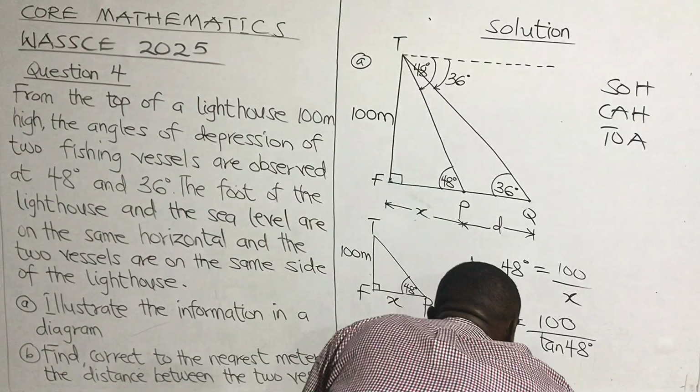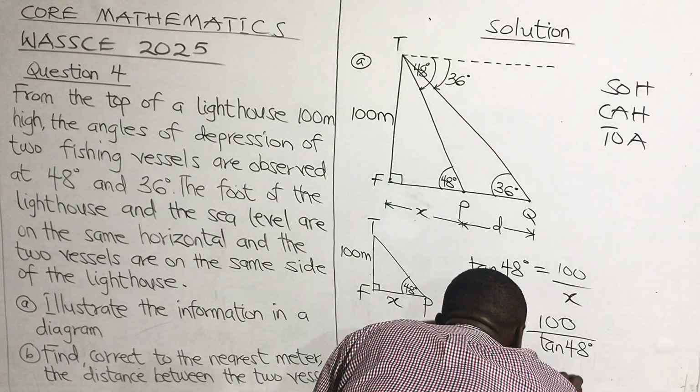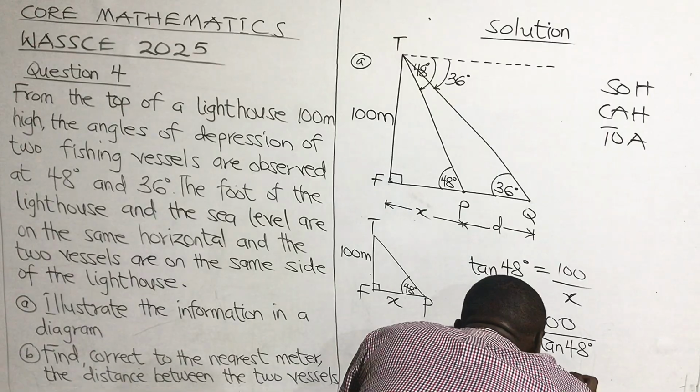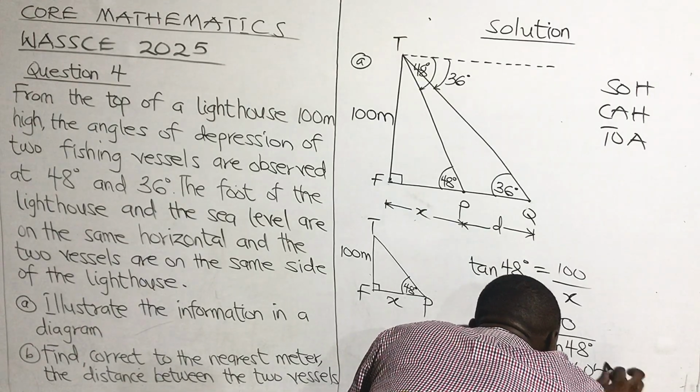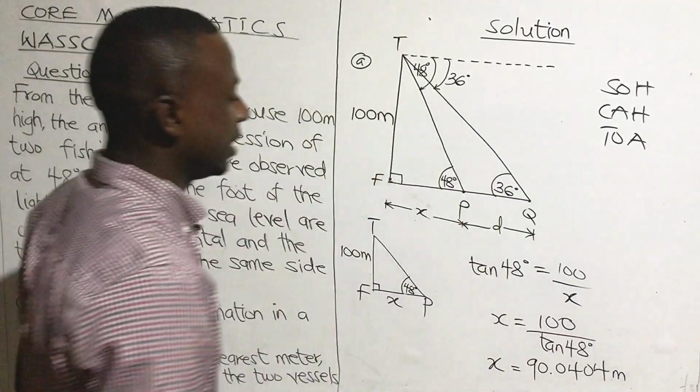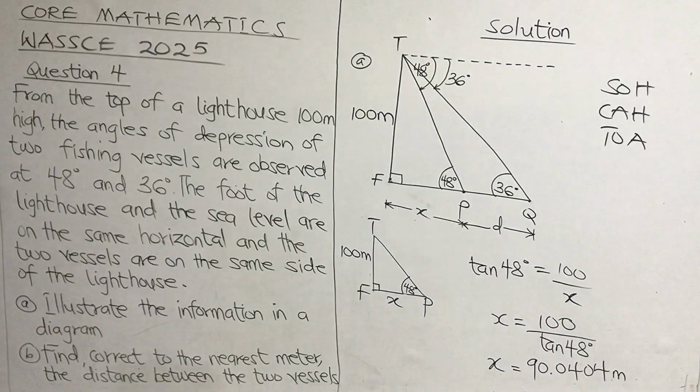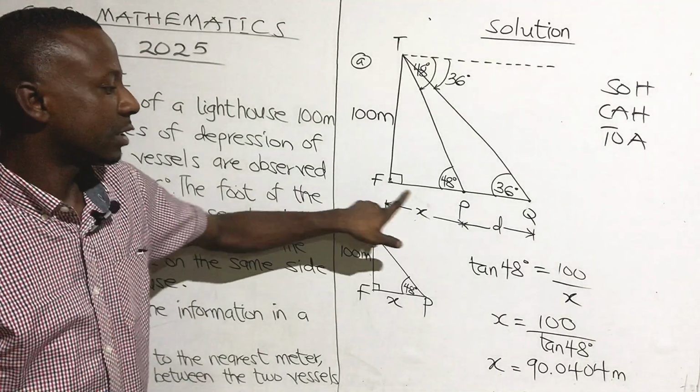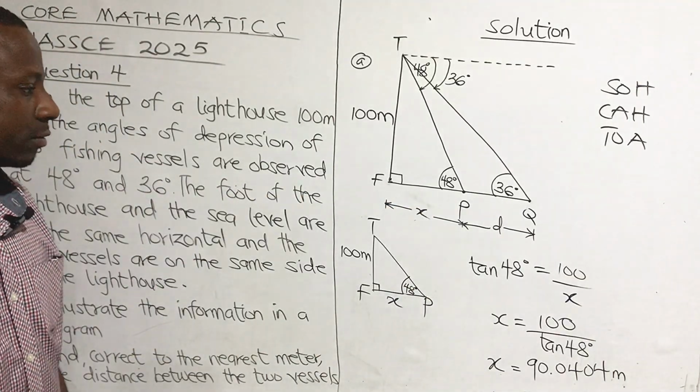Okay, so we are getting 90.0404 meters. And this will be the distance from the foot of the lighthouse to the point P.